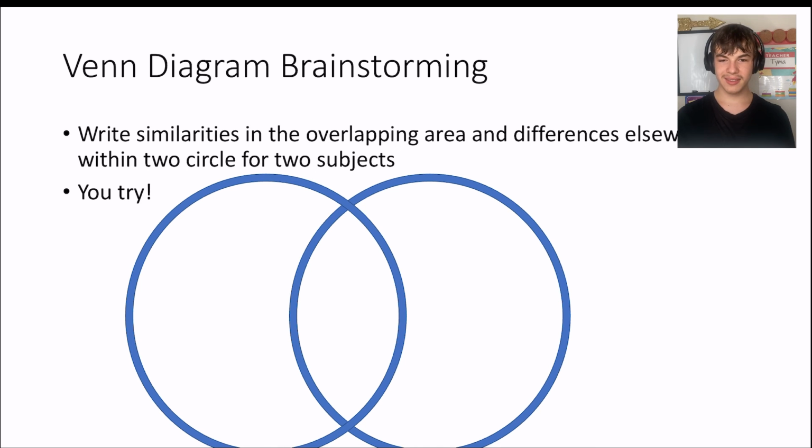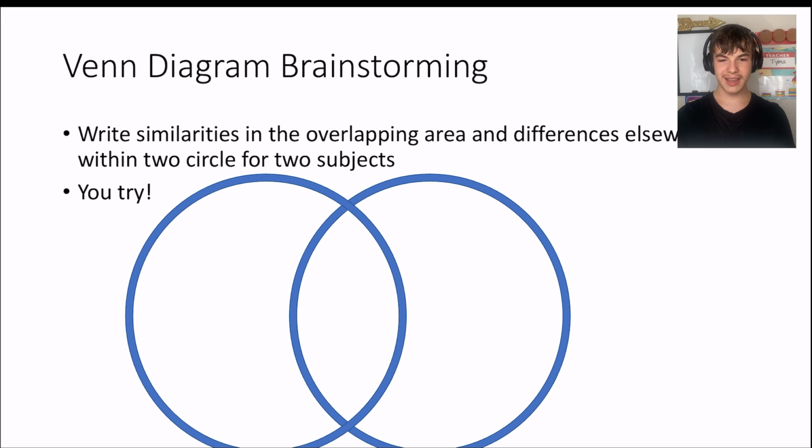All right, so Amy, can you please read the first bullet point underneath the title? Right, so when you have a Venn diagram, you would actually write similarities in the overlapping area, the area where, if you have a point between the two circles, they would be between both circles.